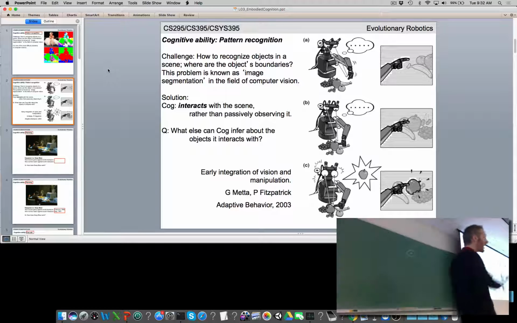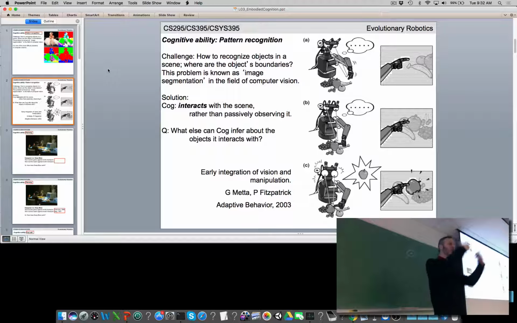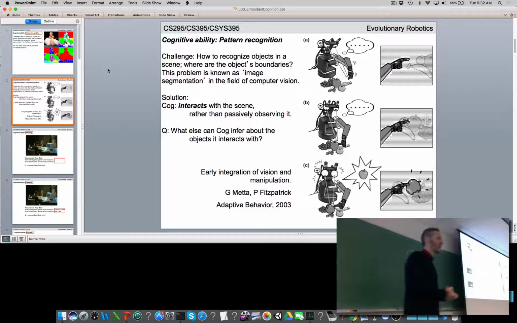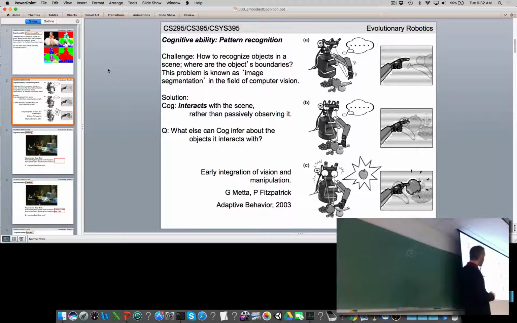If we were to take off this filter from Cog's vision and allow it to still see things when they stop moving, we could keep playing this game, and hopefully Cog would be able to learn to recognize apples and bananas and animals and humans without having to physically interact with them. But there is an interesting theory in developmental psychology.